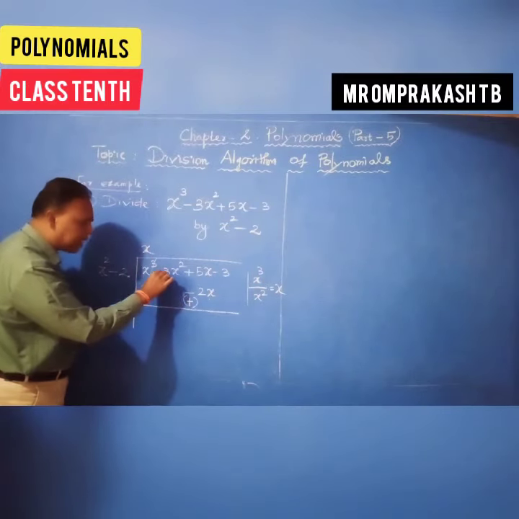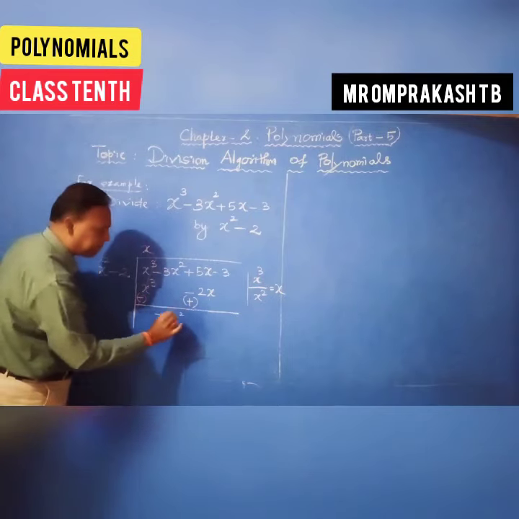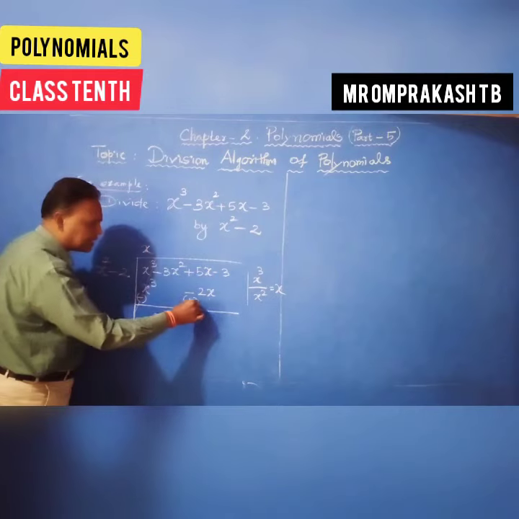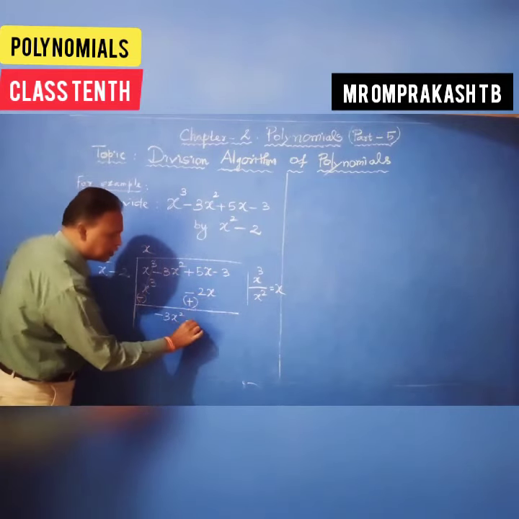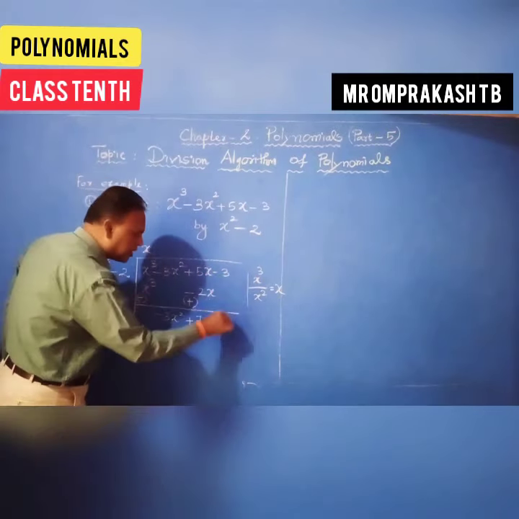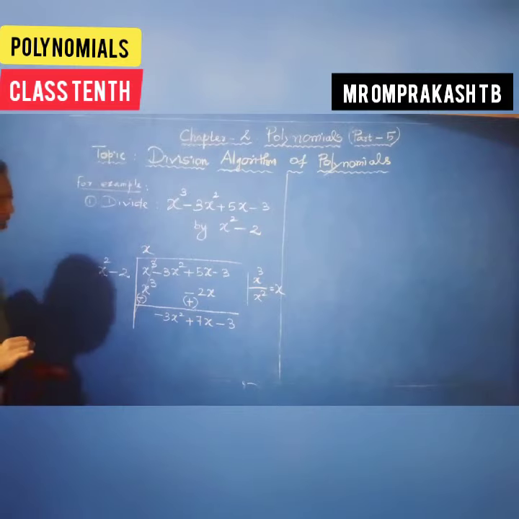Now bring down the minus 3x squared. Here you add plus 5x plus 2x, how much? Plus 7x. Now bring down this minus 3 also. So it is ordinary division only, we are dividing with polynomials, that's all.